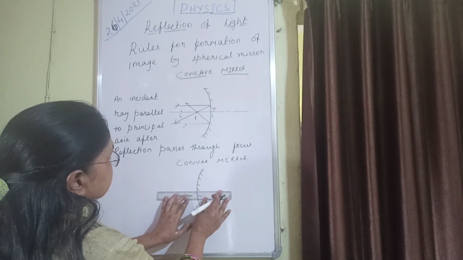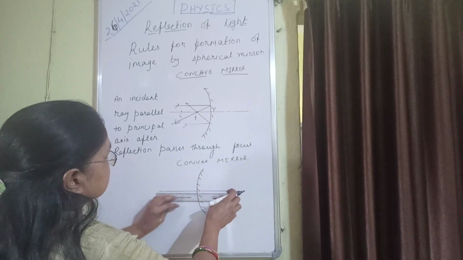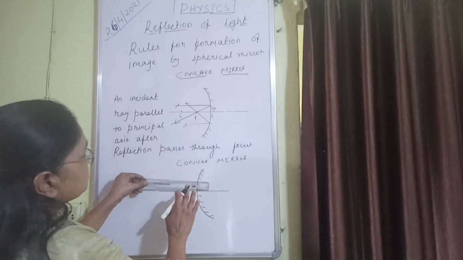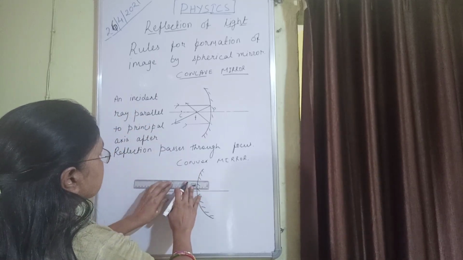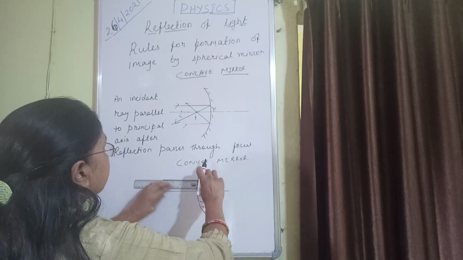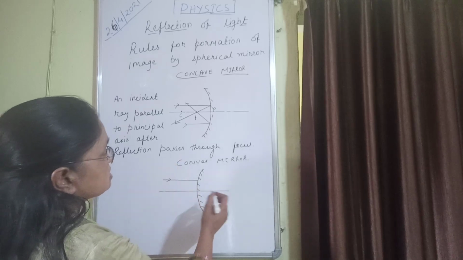Here I have drawn principal axis and then I am going to apply the rule. Incident ray parallel to the principal axis. एक incident ray लिए हम लोग यहाँ से, and it is parallel to the principal axis. As it is parallel to the principal axis, after reflection it passes through focus.